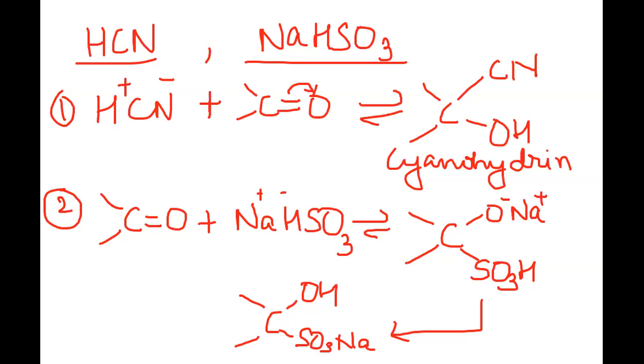It is going to form an addition product, which is crystalline in nature and can be crystallized out. After that, you subject it to hydrolysis in the presence of an acid. It will give back the original aldehyde or ketone. Again, keep in mind that these reactions are easily shown by aldehydes and methyl ketones, but the bulky groups usually do not show this kind of reaction.